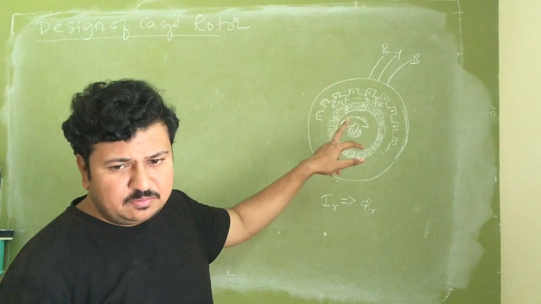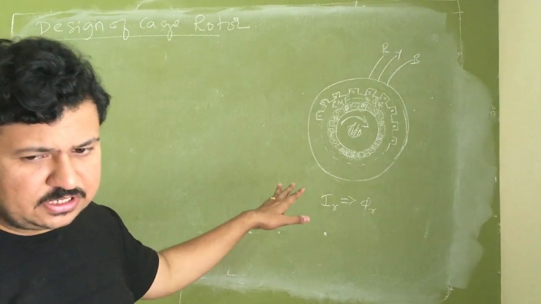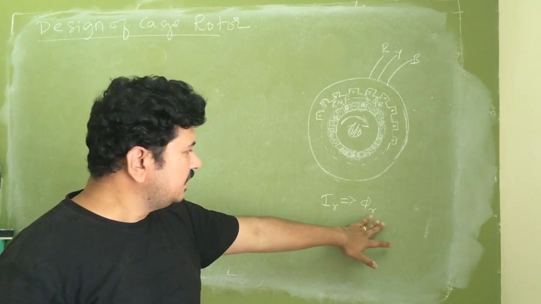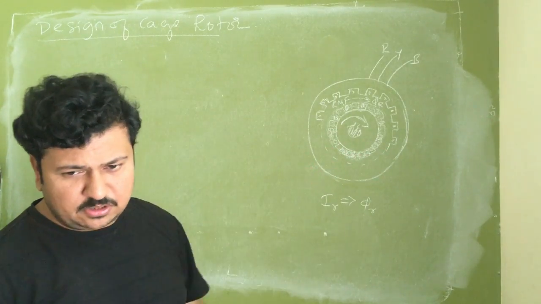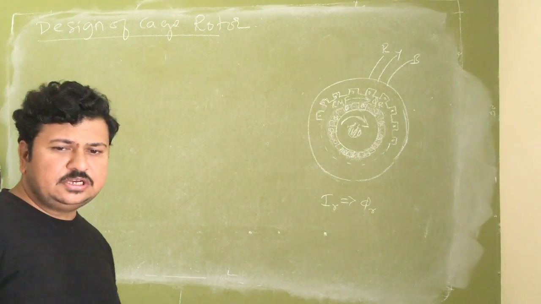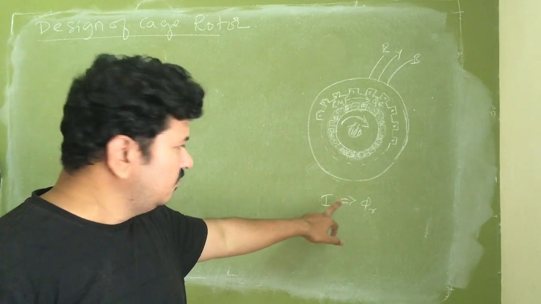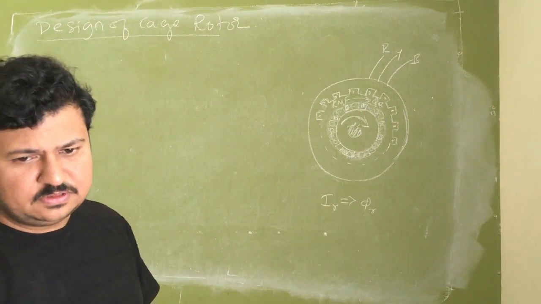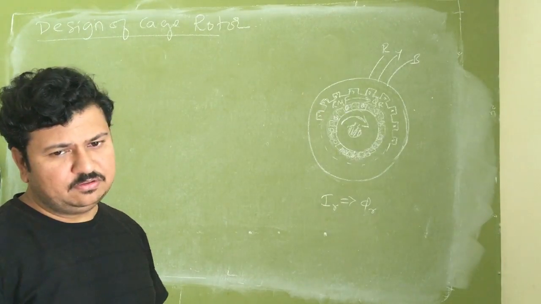Because of the relative motion between the RMF and the rotor, an EMF is induced in the rotor, that circulates the current, and that creates the flux phi r. Now if the relative motion itself becomes 0, then the voltage induced in the rotor becomes 0, current circulated becomes 0, flux produced becomes 0, therefore torque will be 0. The motor will stop immediately the moment it reaches the synchronous value.